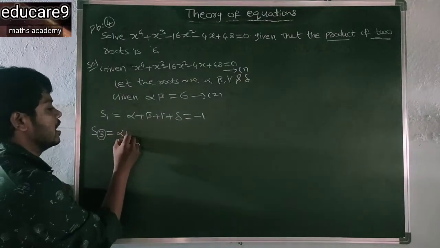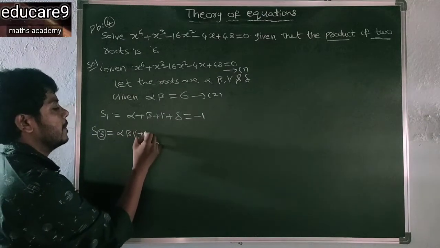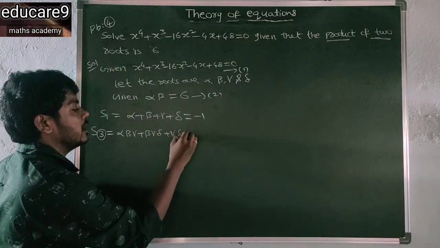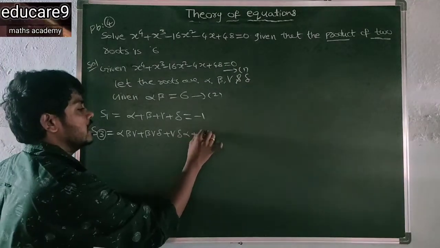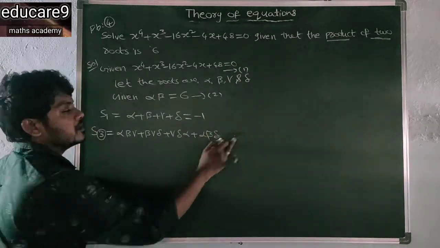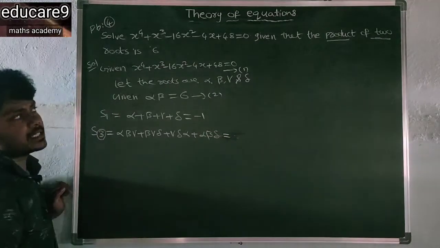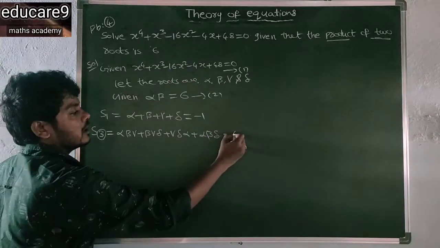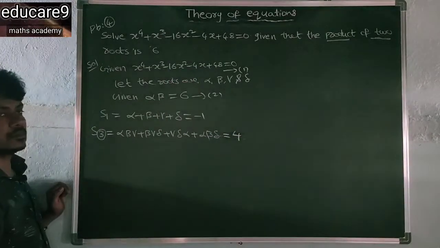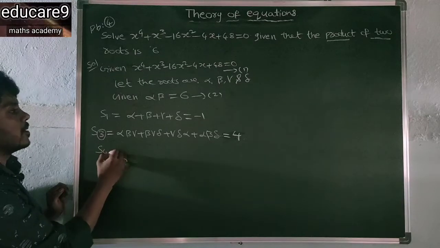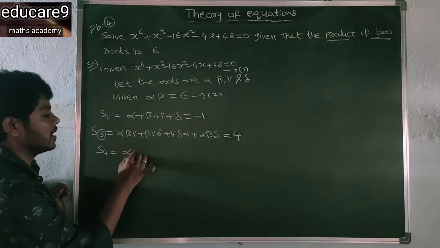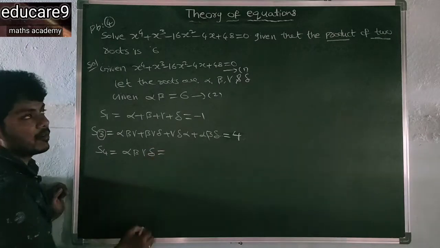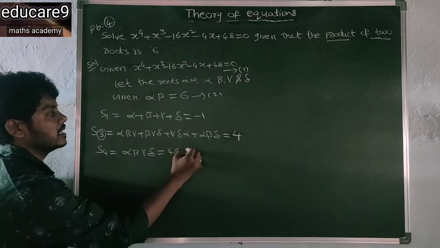That is alpha beta gamma plus beta gamma delta plus gamma delta alpha plus alpha beta delta. This is minus a3 by a naught, so that is minus of minus 4, you will get 4. Now what is S4? The product of all roots, that is alpha beta gamma delta. This is 48.